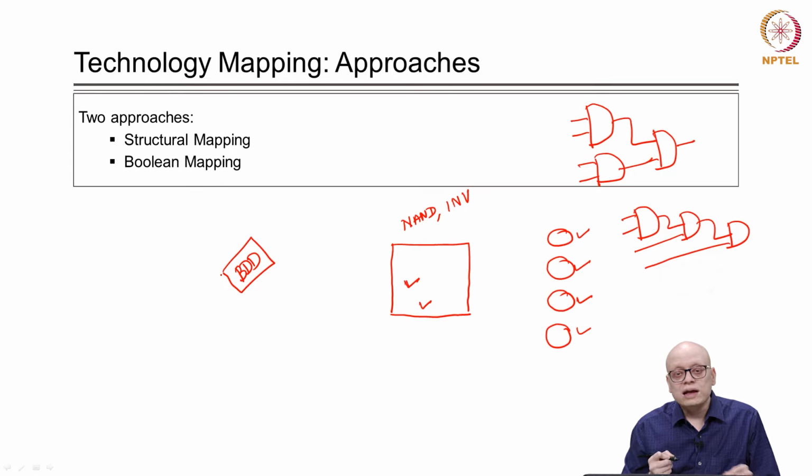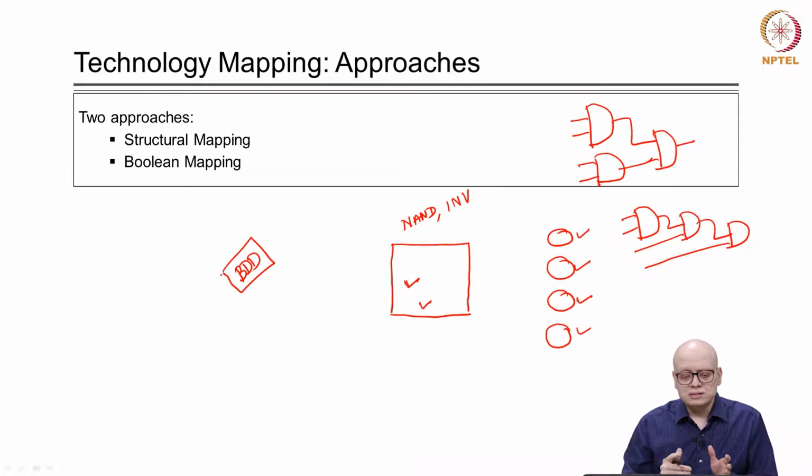So, if we use the Boolean method, then some of the problems of structural mapping can be solved, and therefore, these days Boolean mapping is preferred.